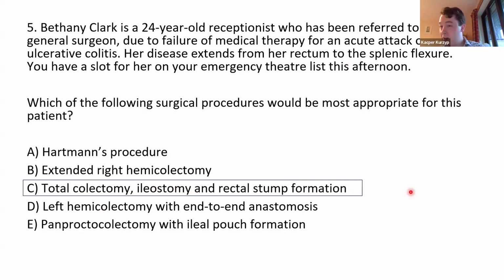Then, when the patient is well and it's an elective procedure, you can either try to reconnect the ileum to form the ileal pouch, or just resect the rectal stump and give the patient a permanent ileostomy.